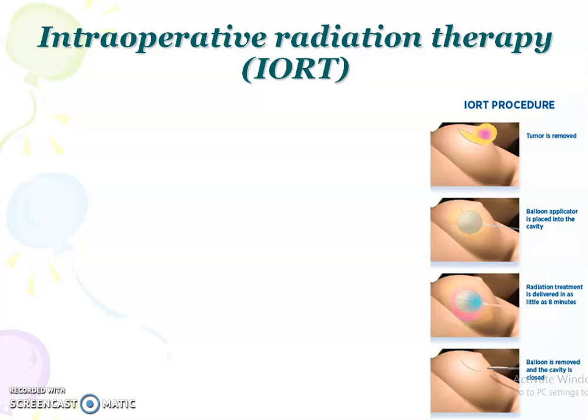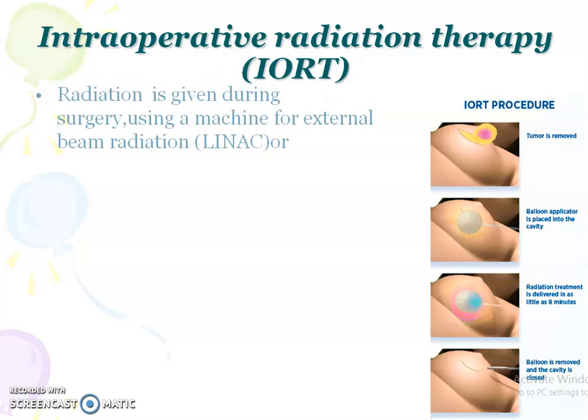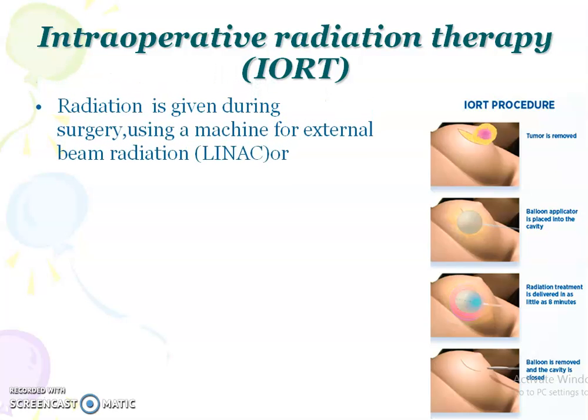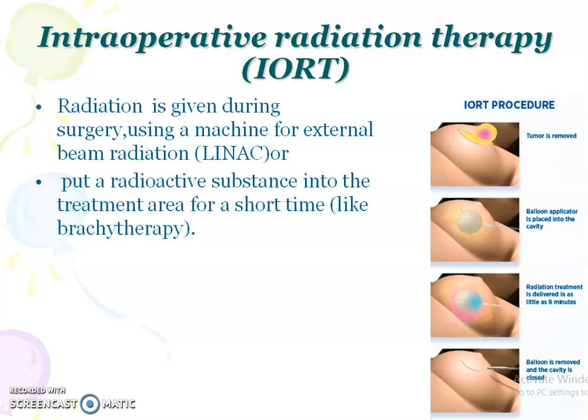Next is the intraoperative radiation therapy, or IORT. IORT can be given either as external beam radiation or internal beam radiation. So radiation is given during the surgery using a machine for external beam radiation, like a LINAC. We are giving radiation during the surgery. That is considered as external IORT.